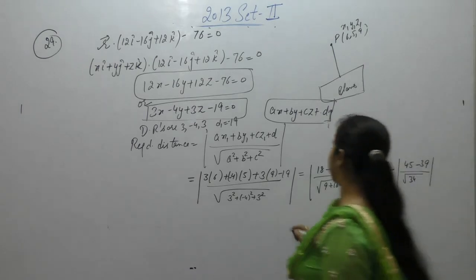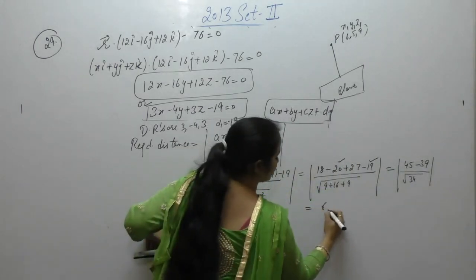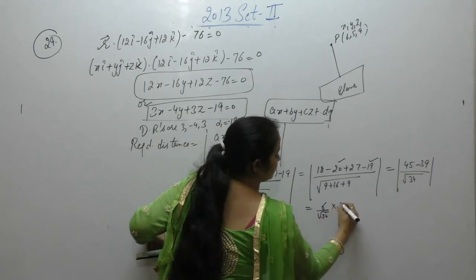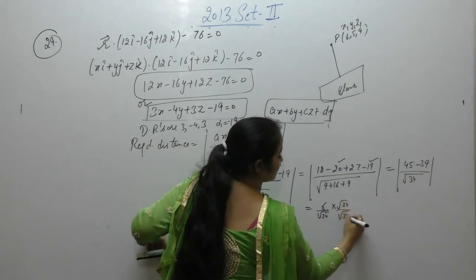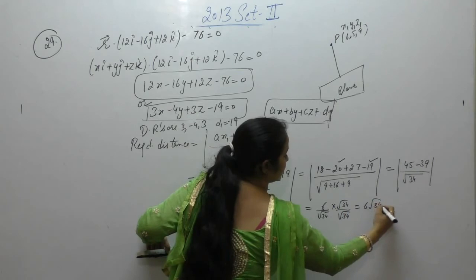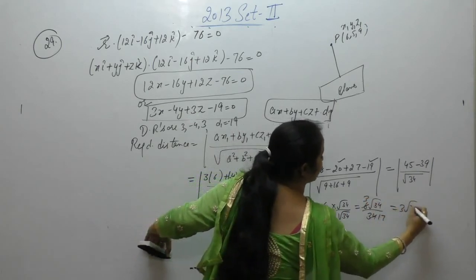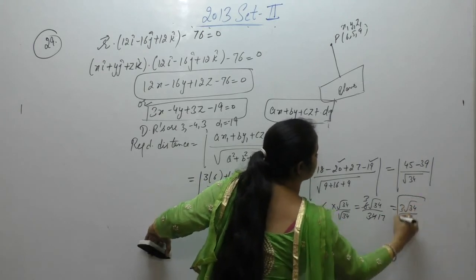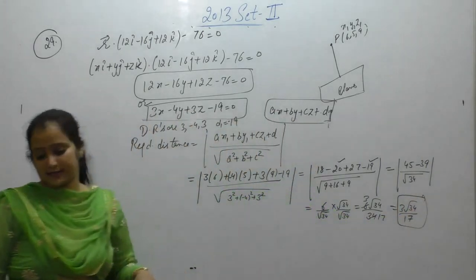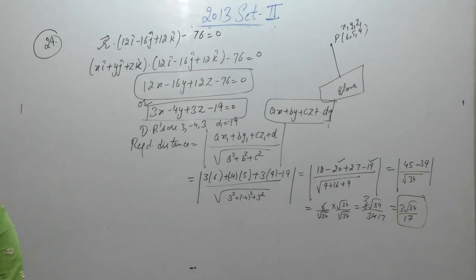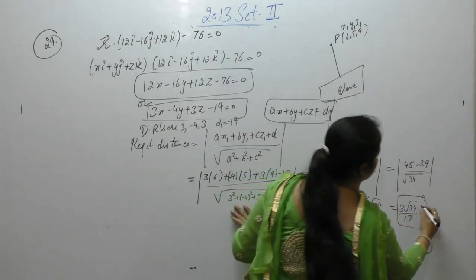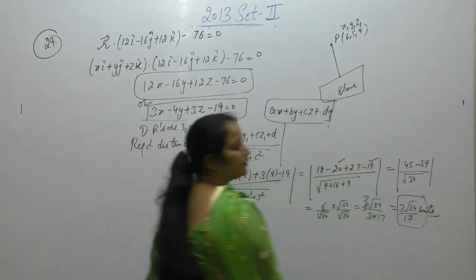We get the result as 6 upon root 34. We can rationalize it. So 3 root 34 upon 17. That is the required distance between the point and the plane. Since it is a distance, therefore in units.